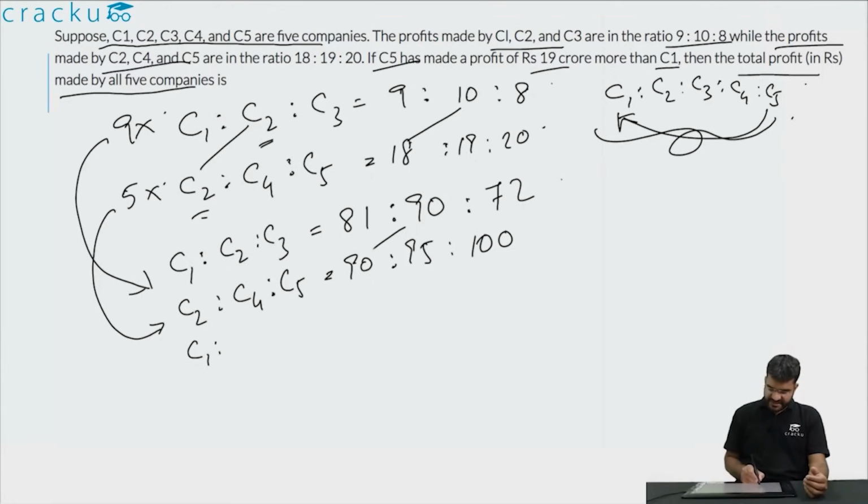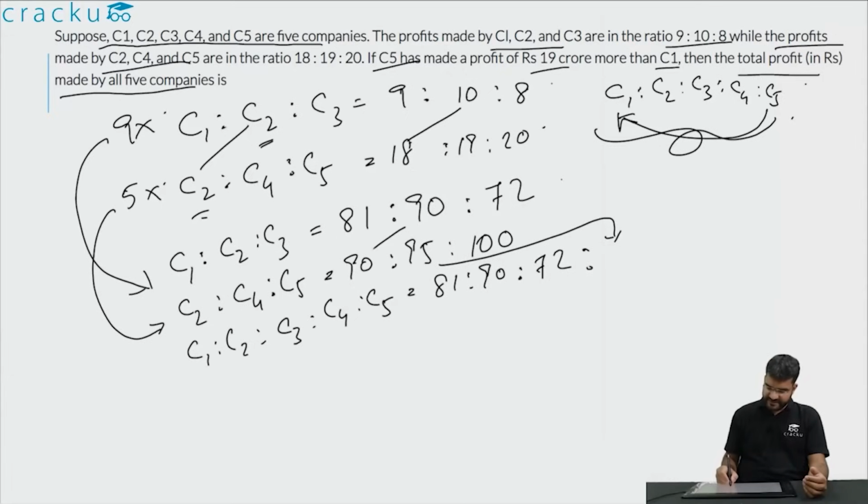So C1 is to C2 is to C3 is to C4 is to C5 can now be combined as 81 is to 90 is to 72 is to 95 is to 100. So let us assume that C1 is 81x, C2 is 90x, C3 is 72x, C4 is 95x and C5 is 100x.